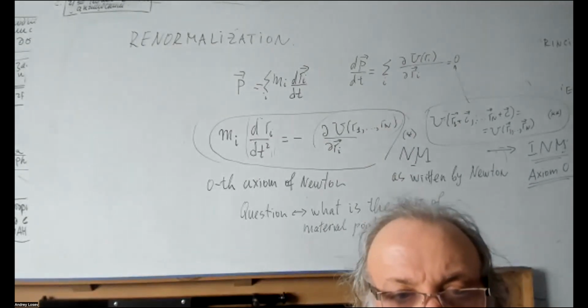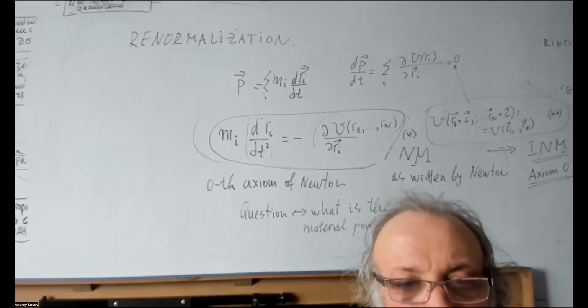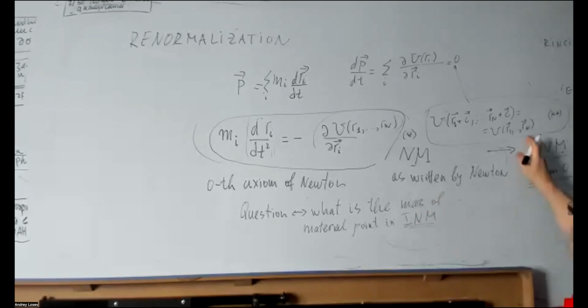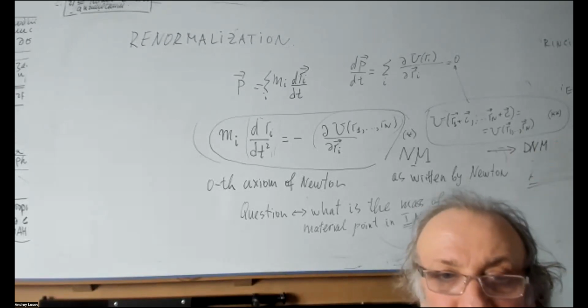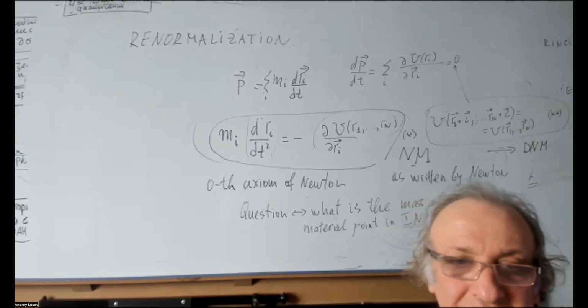Without material point, it makes no sense. So let's call it dm, yeah? I am half joking. For Democritus, let's call it Democritus mechanics. You should not eliminate Newton.